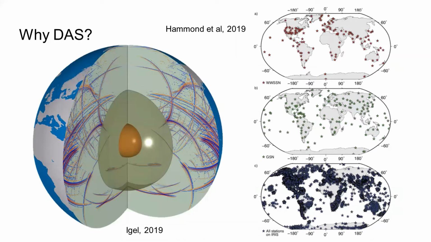The first question we might ask is why we use DAS for studying earthquakes. Earthquakes are an important subject that we use to study the internal structure of the Earth. Almost all parts of the world's surface have been covered by lots of sensors.